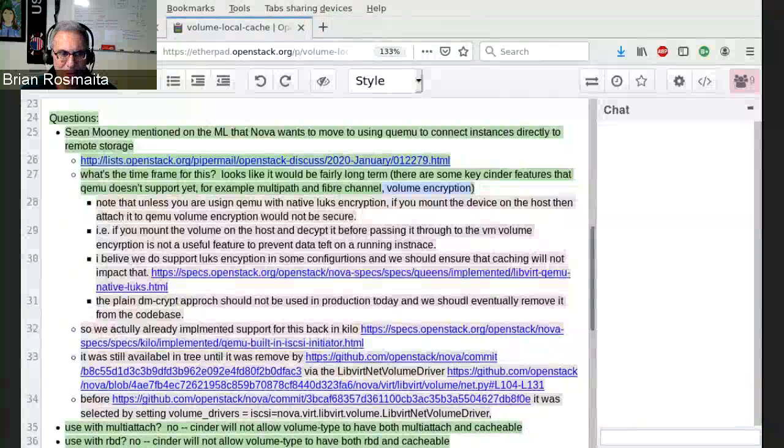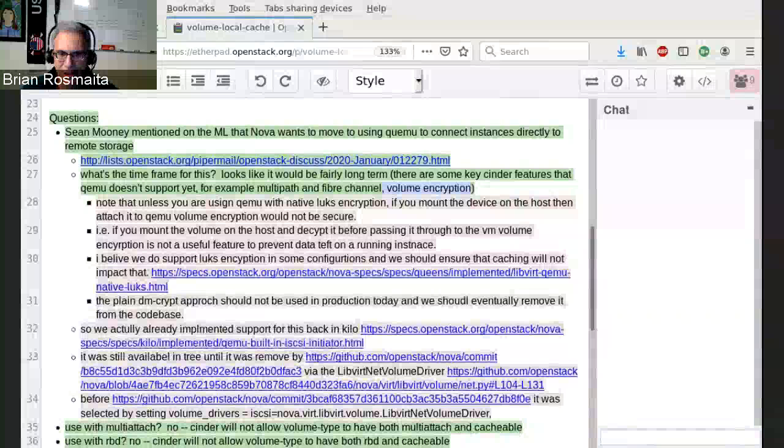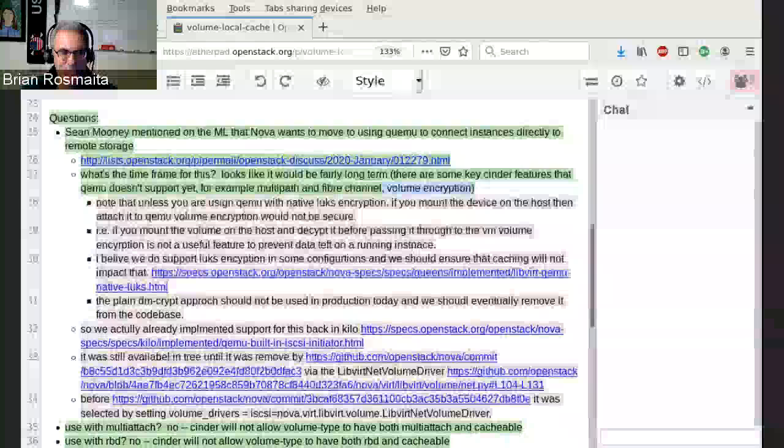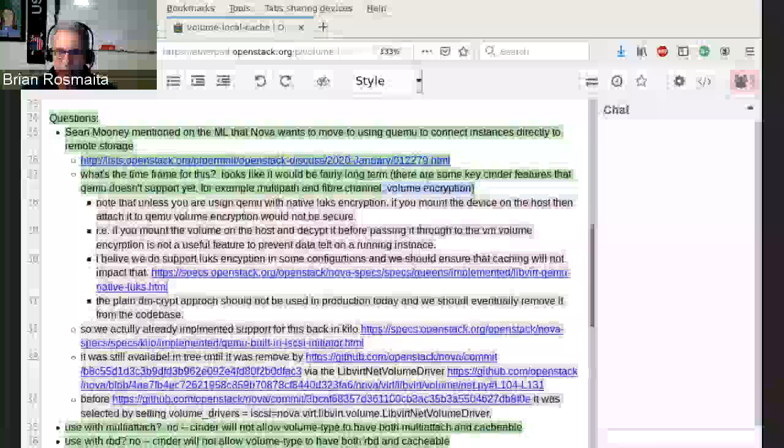Eric, you're muted if you were talking. Okay, and then with multipath, right, we don't want to allow that because you don't want to have a path through the cache and a path around it. So I wasn't clear myself how we were going to prevent that. Do we have an easy way to stop that?